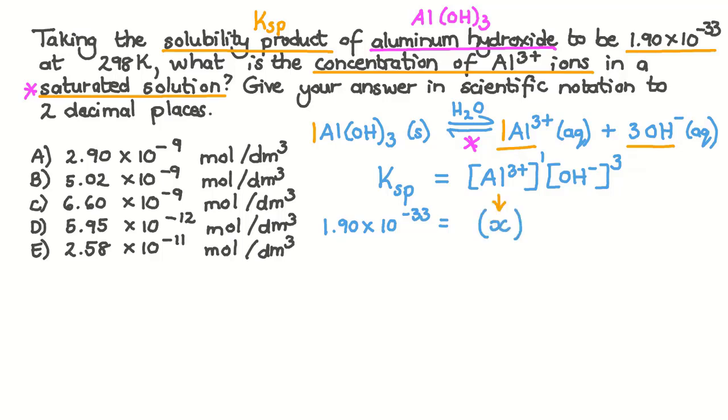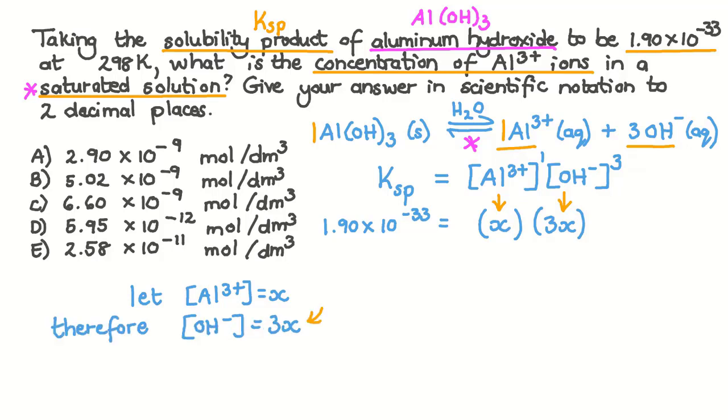So if we let the concentration of Al3+ ions equal x, then the concentration of hydroxide ions must be 3x because of the stoichiometric coefficients. You can write this information down on the side if you wish.